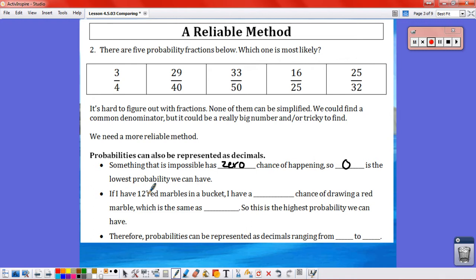Then again, if you have 12 red marbles in a bucket, you have a 12 out of 12 chance of drawing a red marble. That's the same as saying 1 whole, which is the highest probability you can have. So probabilities can be represented as decimals ranging from 0 to 1. It's always going to be 0, or between 0 and 1, or 1. It's never going to be like 1.2.